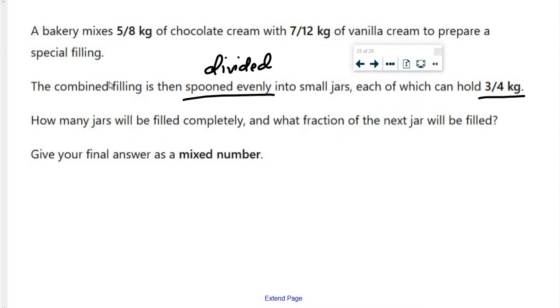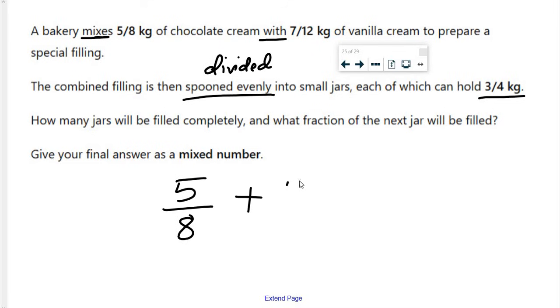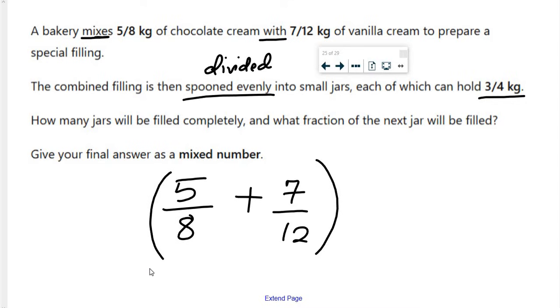So this question is pretty simple. A bakery mixes 5/8 kg of chocolate cream with 7/12 kg of vanilla cream, meaning you have to take 5/8 added to 7/12. Then this answer you'll get here will then be spooned evenly, meaning divided by 3/4.